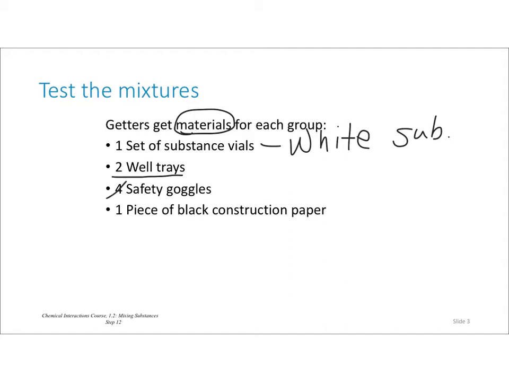You will just need 2 safety goggles, one for each of you. They are located in the cabinet on the wall. And a piece of black construction paper is not going to be necessary for us since our tables are black. The whole point of the construction paper was to put the white substances on top so that we can see them more clearly.